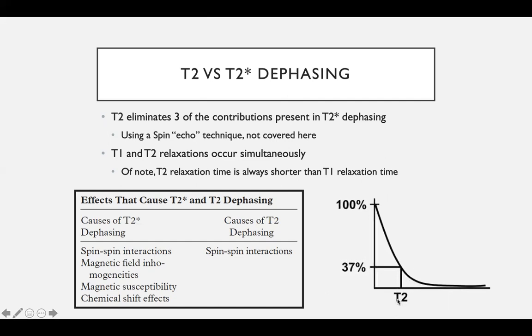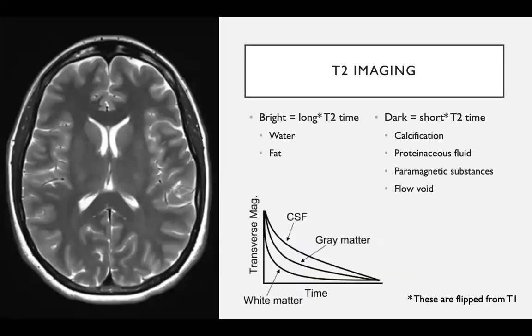And so this T2 time is very dependent on the hydrogen protons in different tissues. So here on our left, we have a brain MRI in the T2 sequence, and we see the obvious differences between our T1 sequence. So now what's bright is water and fat, and now what's dark is calcification, proteinaceous fluid, the paramagnetic substances such as gadolinium and iron, and flow voids.